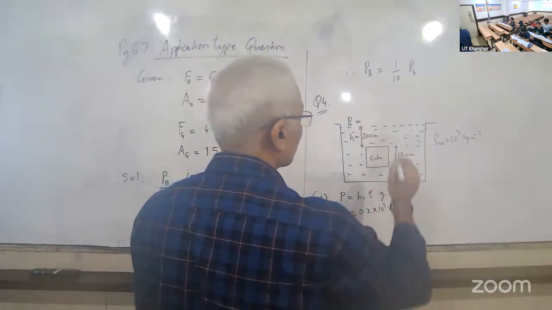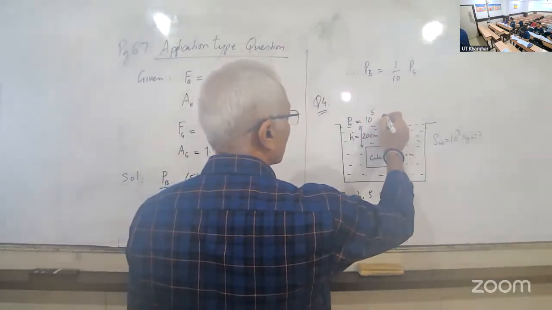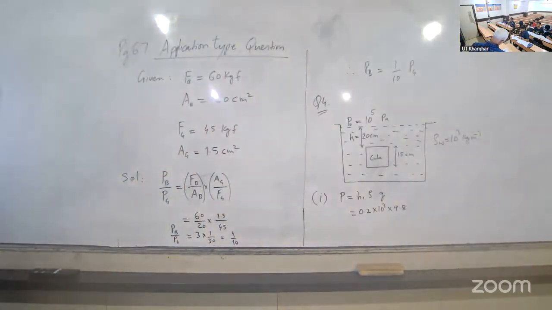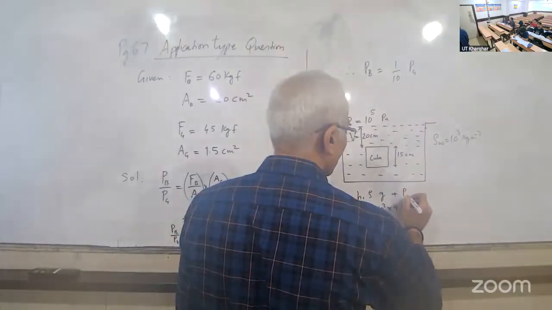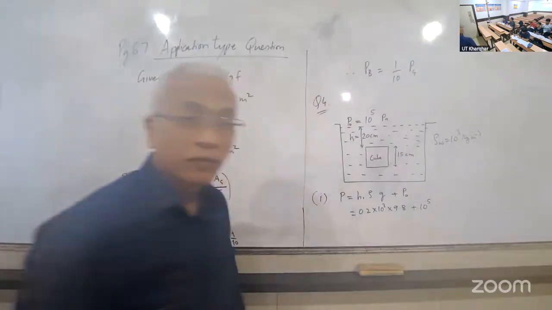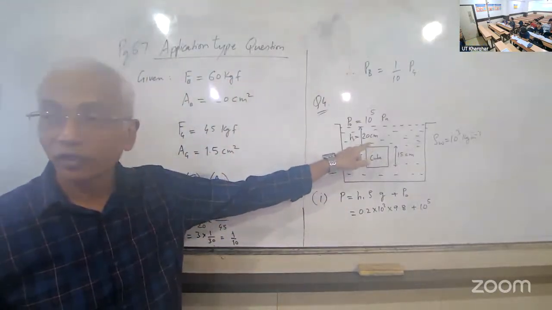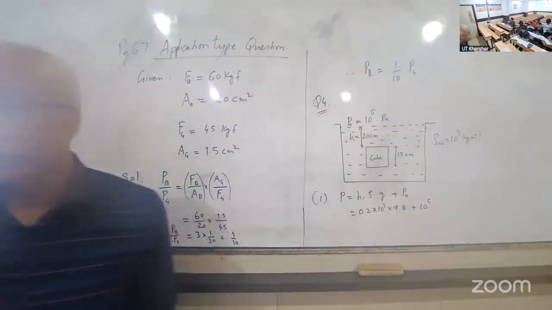How much is atmospheric pressure given? 10 raised to 5 Pascal. So you have to also add atmospheric pressure. Got it? What is the total pressure at the surface of the cube? Atmospheric pressure plus pressure due to the water column.